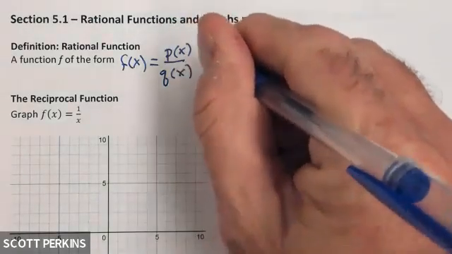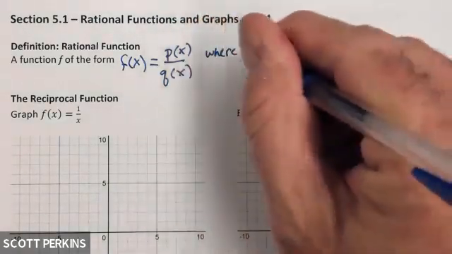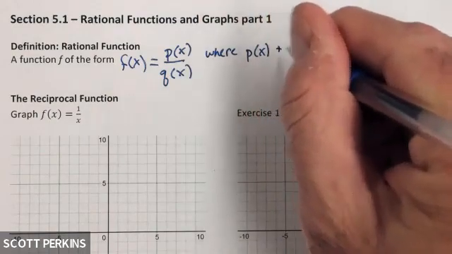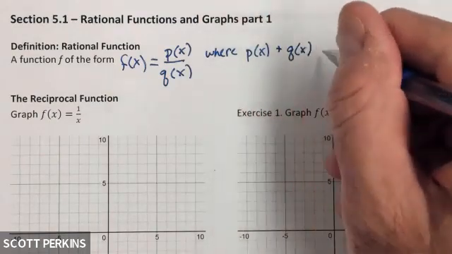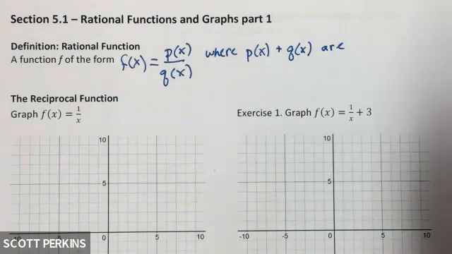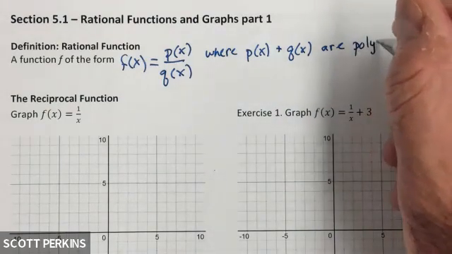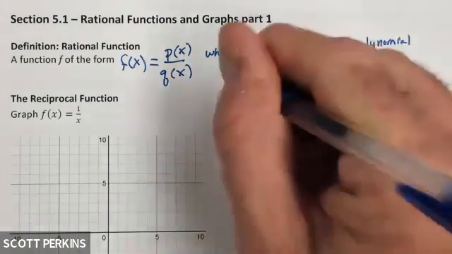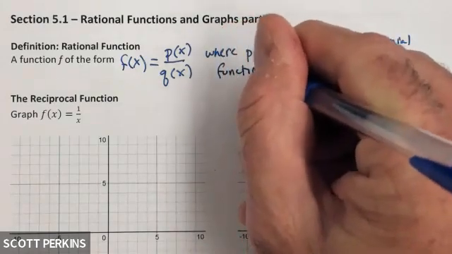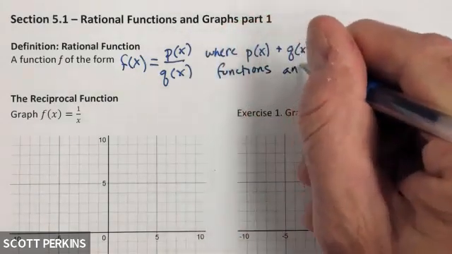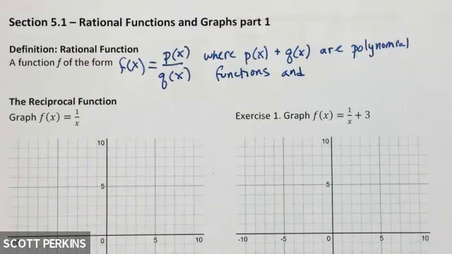Okay, so I'm just going to let you know for your notes where p of x and q of x are polynomials. And then there is one caveat that's going to come up over and over. You're probably used to this from arithmetic. You cannot have the denominator of a fraction be 0.